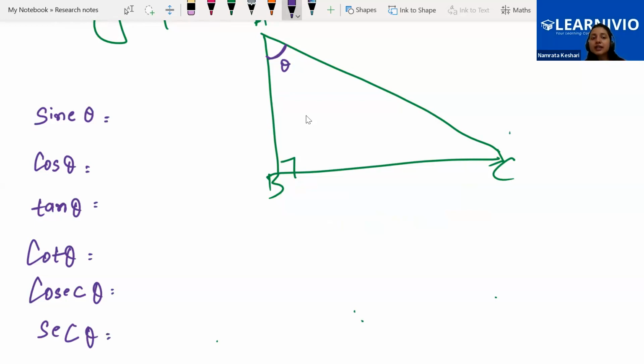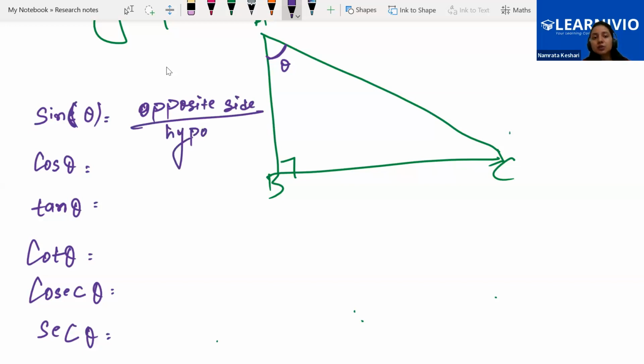The first one, sine theta. You can also write sine and then theta like that. What that formula is, opposite side by hypotenuse. First learn this rule. The formula for sine is opposite over hypotenuse. The formula for cos is, can you tell me, Sumaya?